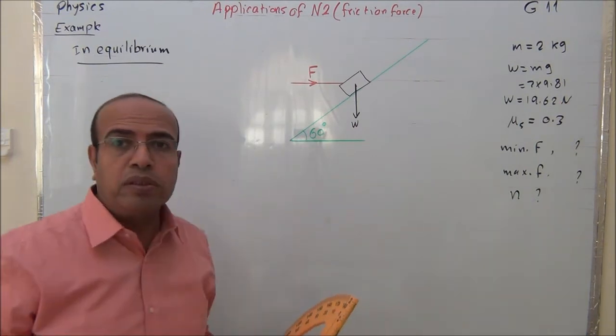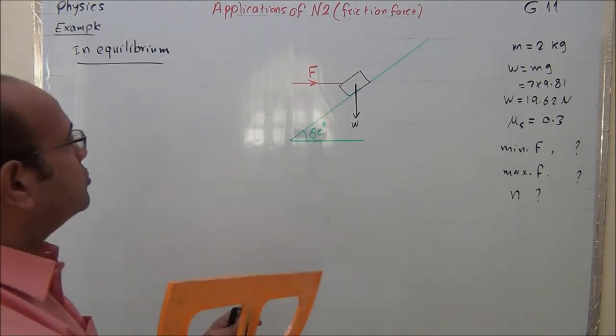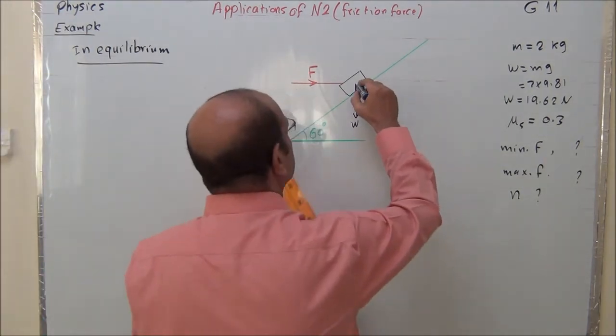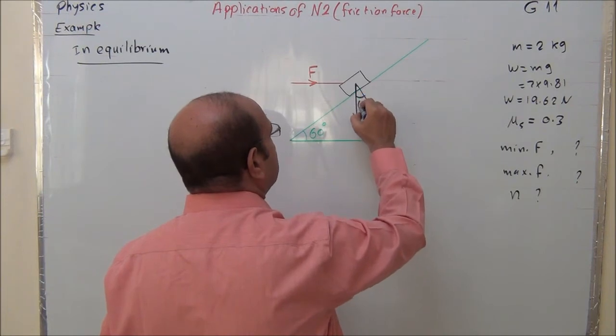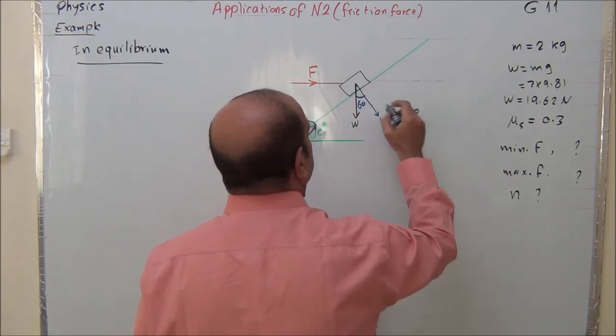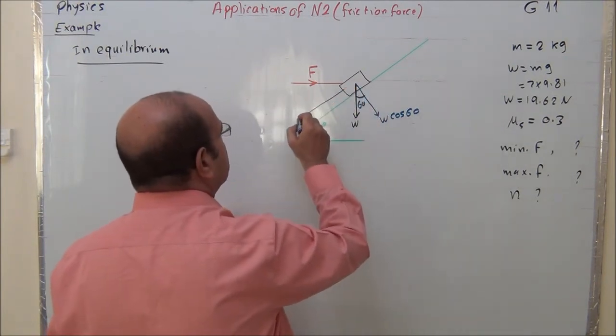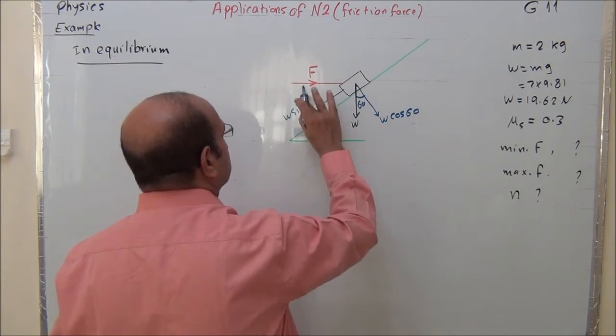We resolve the weight into two components. So this angle is 60. So this component is W cosine 60, and in this direction W sine 60.